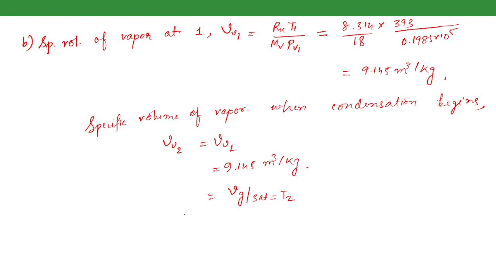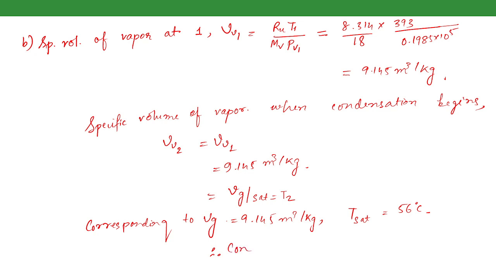From the property table, corresponding to a specific volume of the gas phase of 9.145 meter cube per kg, we can find the saturation temperature to be 56 degrees Celsius. Therefore, condensation begins at 56 degrees Celsius.